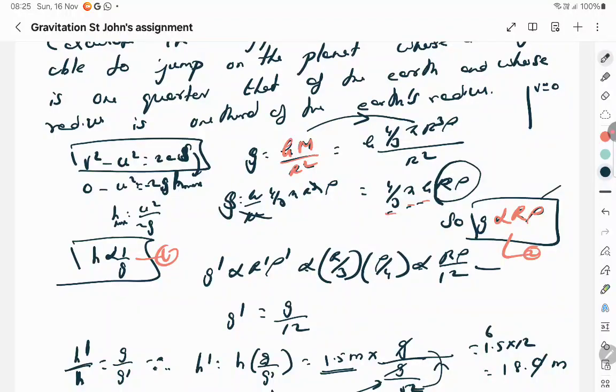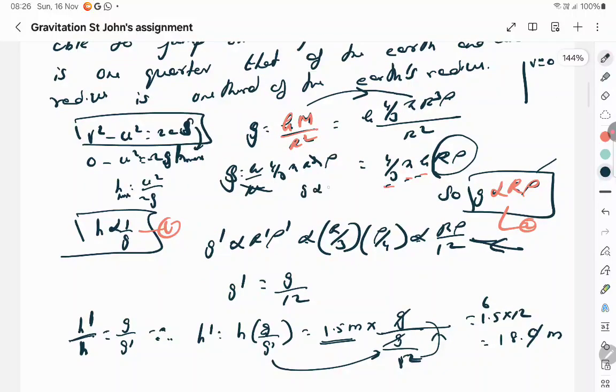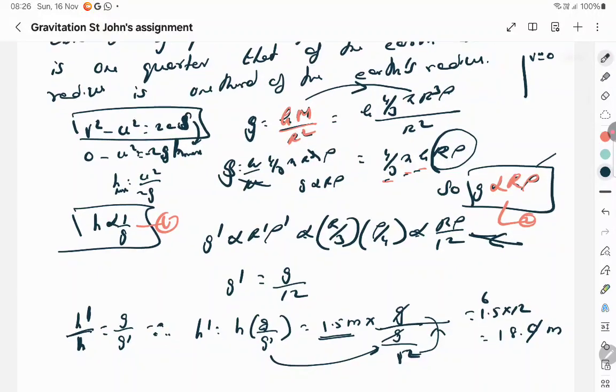So the original gravity is directly proportional to r rho. The final gravity is proportional to r rho by 12. So since the original gravity is proportional to r into rho, the final is proportional to r into rho by 12.